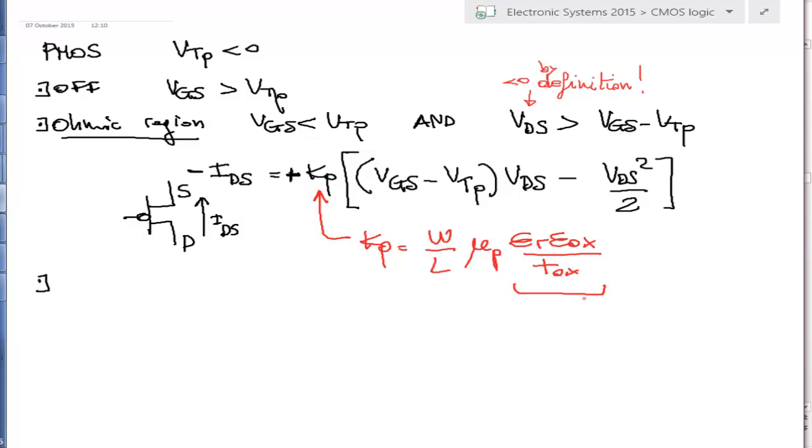This part is the same for the PMOS and the NMOS, because during the fabrication process, the gate oxide is deposited at the same time on the PMOS and on the NMOS transistors. So this part is identical by fabrication. So the only part which changes is the mobility of holes, hole mobility.